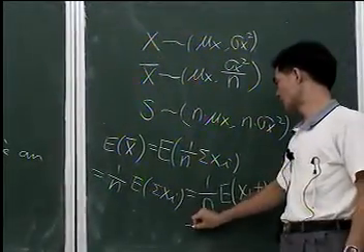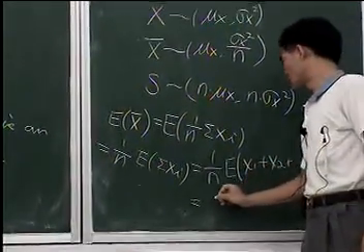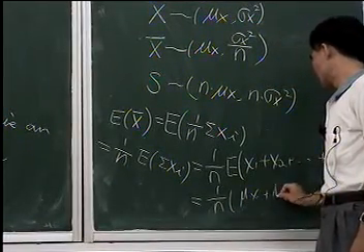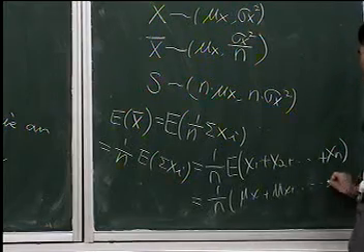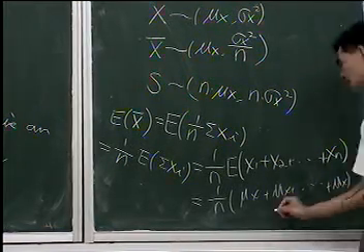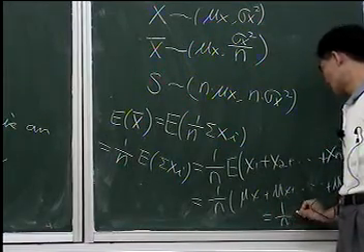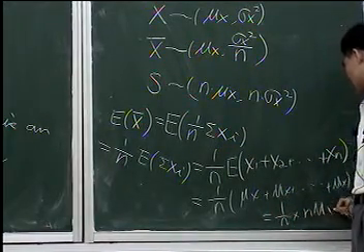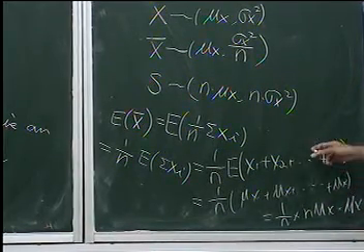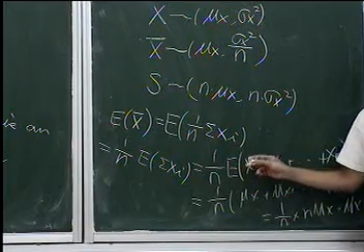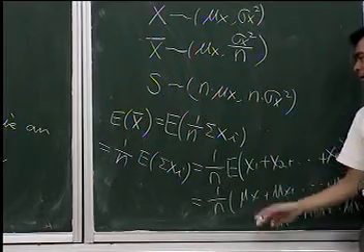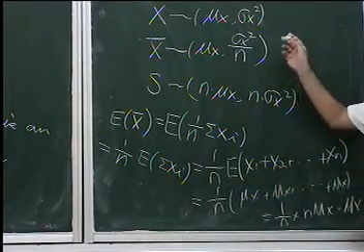On average, what do you get? You get 1 over n, and each term gives mu x. How many mu x do you have? You have n mu x. So 1 over n times n mu x. So what do you get? Mu x. So X bar is an unbiased estimator for mu x.